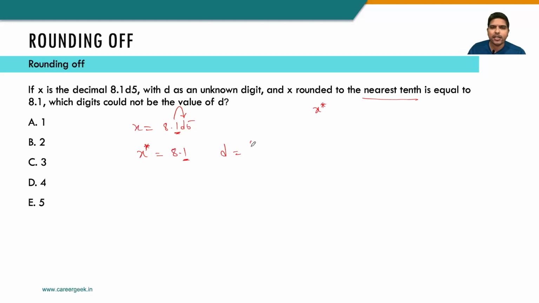The immediate right digit has to be anywhere from 0 to 4. So D should take any of these 5 digits. Which of the following could not be the value of D? So 1 to 4 are possible. It's not 'could be', it's 'could not'. D can never be 5. So the answer will be option E.